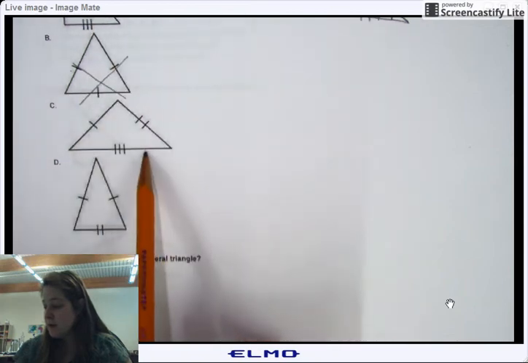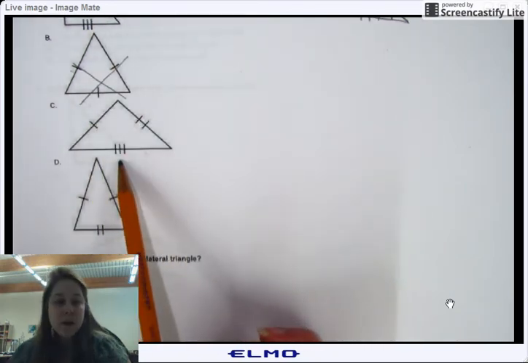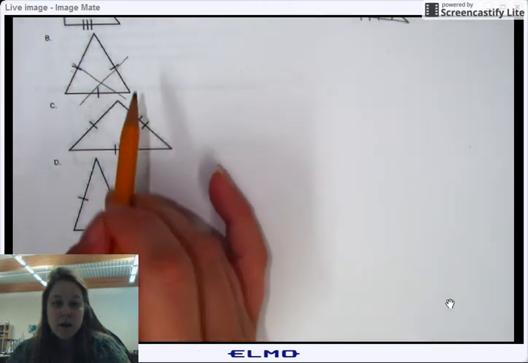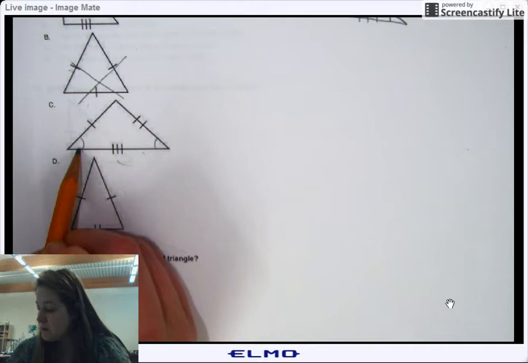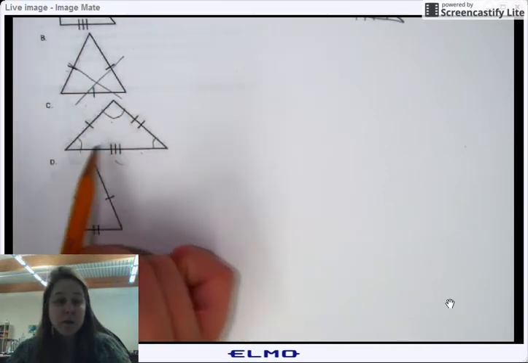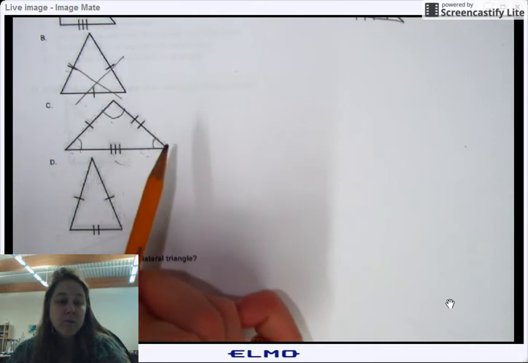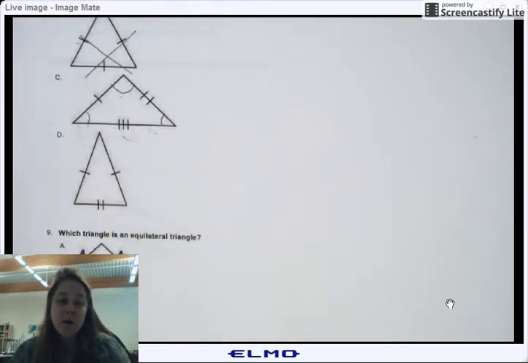This one looks like this one. But what's the difference with this one? Even though it's 1, 2, 3, this one looks to have the same angle as this one. And this one is bigger. So this has 2 angles that are the same. This one has 2 sides and a bottom.